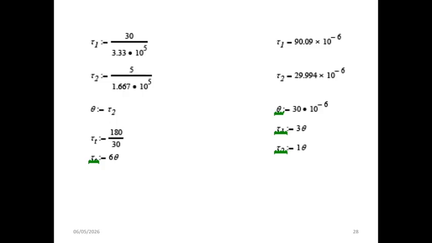Using this base, the total observation time of 180 microseconds can be converted into a dimensionless form. We can find 6 theta. Similarly, the travel times of the individual lines are normalized, giving theta 1 equal to 3 theta for line 1 and theta 2 equal to 1 theta for line 2.